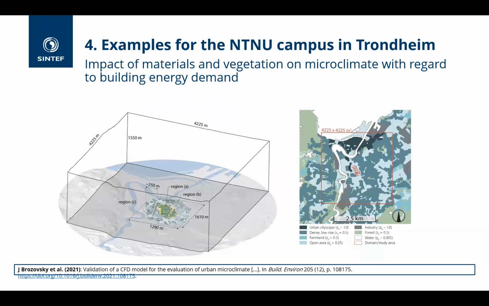In another study where we looked at a similar thing, but with regard to building energy demand, we used a more sophisticated simulation tool, where we simulated a much larger area, about 17 square kilometers, with the campus in the middle and some buildings around the campus.